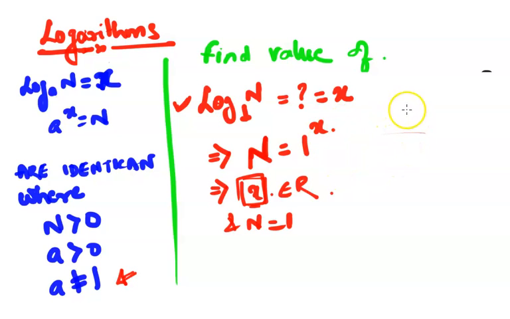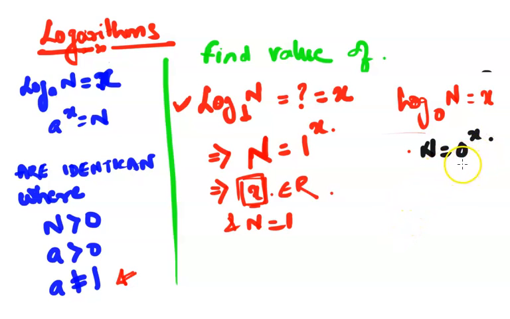So let's say, okay, we cannot have base 1, but what about log n to the base 0? So in this case, n is equal to 0 to the power of x.